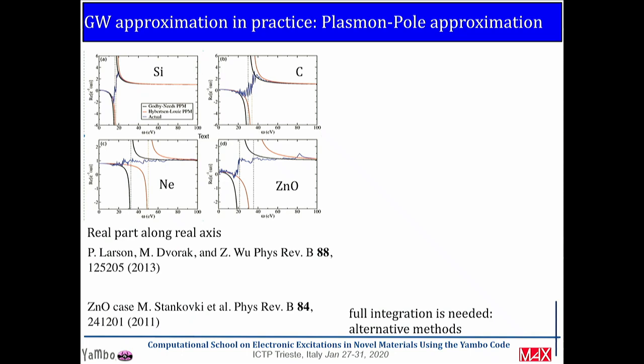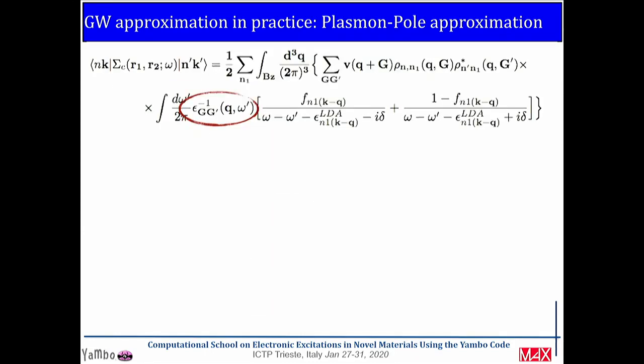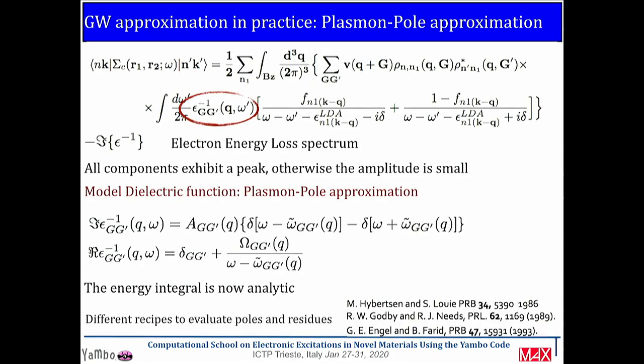Here I want to show just the performance of different recipes for the Plasmon-Pole approximation, in particular this Ibersen-Lewis. Ibersen-Lewis, unlike the Godby-Needs, considers the static limit, but then the coefficients are evaluated through some sum rules of the epsilon minus 1.